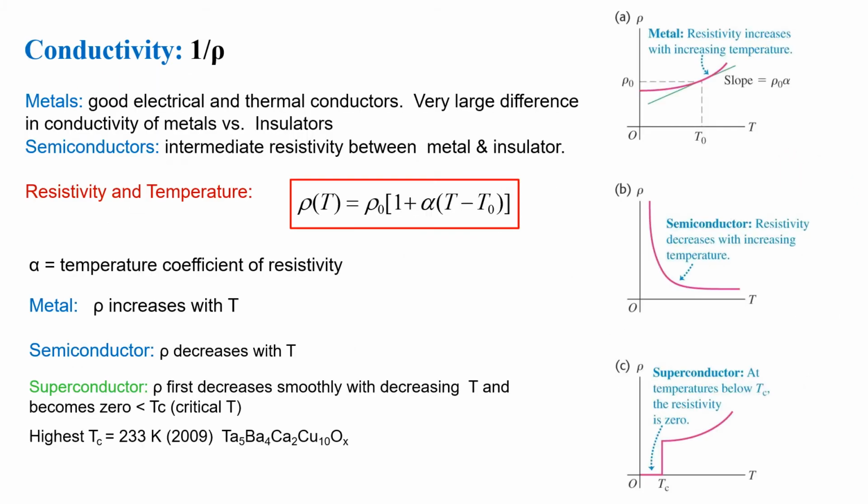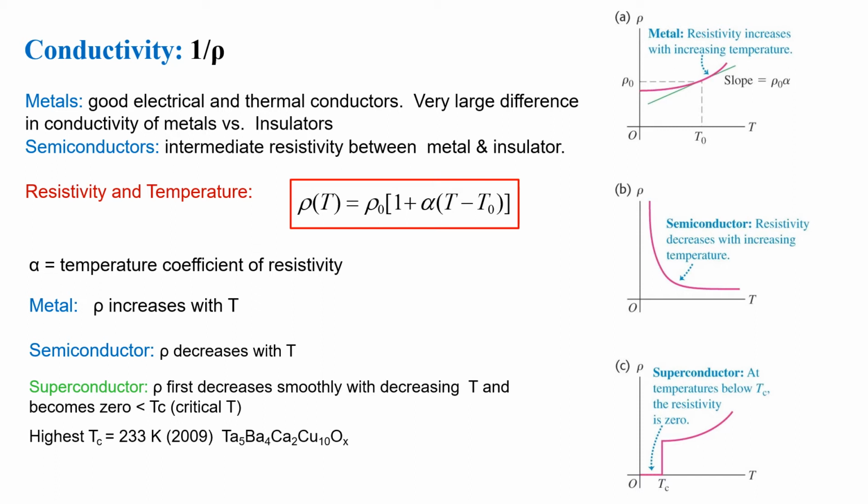Metals are good electrical and thermal conductors. There is a very large difference in conductivity of metals versus insulators, as you have seen earlier. Semiconductors, on the other hand, have intermediate resistivity between metals and insulators. Conductivity is just the inverse of resistivity.